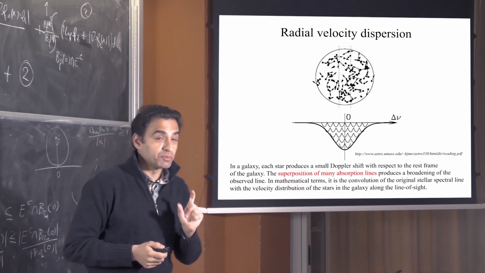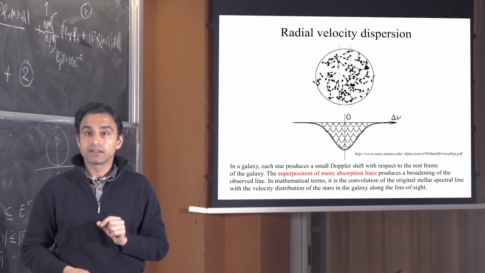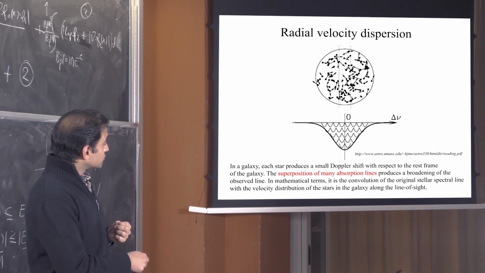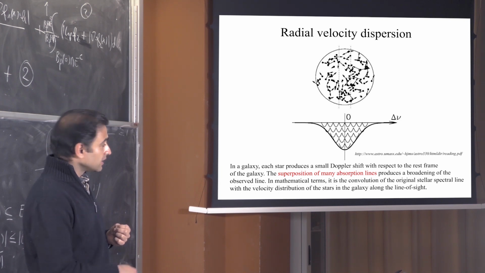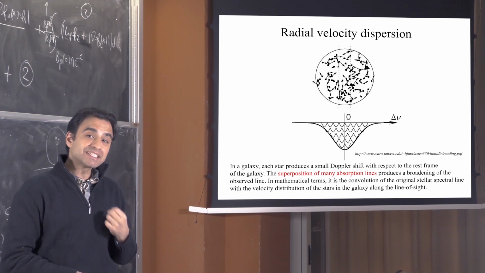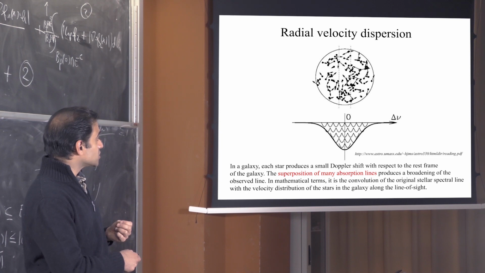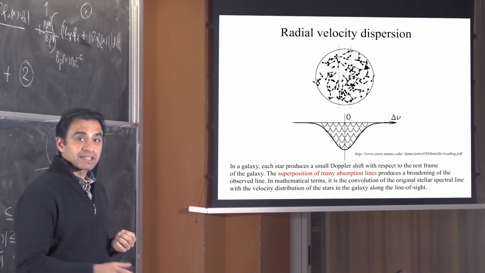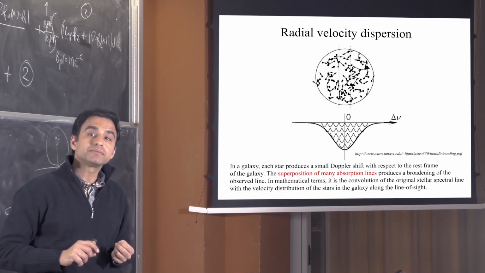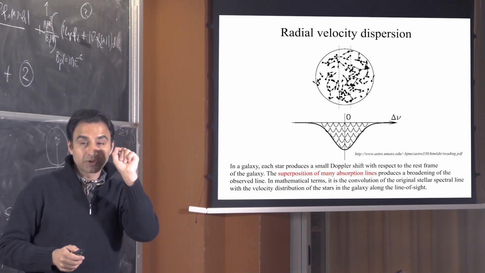Astronomers believe that this wide absorption feature that you measure in the spectra of elliptical galaxies is produced by the convolution of the absorption features in the spectra of each single star in the elliptical galaxy you're observing.